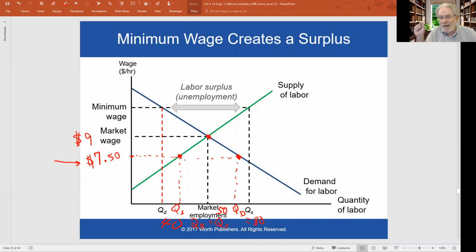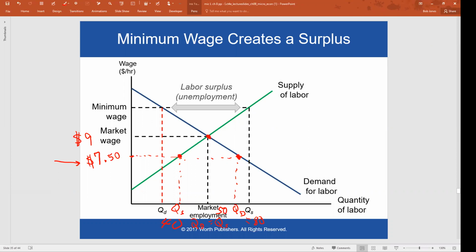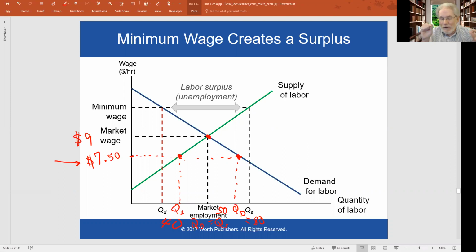What do I mean by that? Because that is the minimum price setting, $7.50. Well, think about what a minimum wage law does. And this is really important to think carefully about. A minimum wage law of $7.50 does not tell producers you have to pay $7.50 an hour.